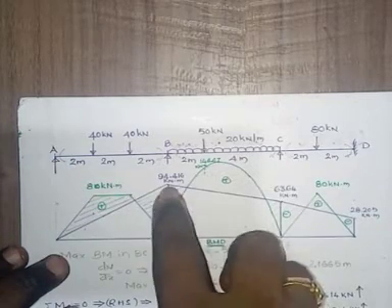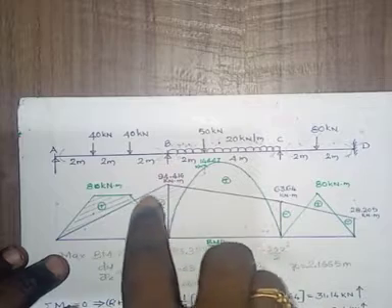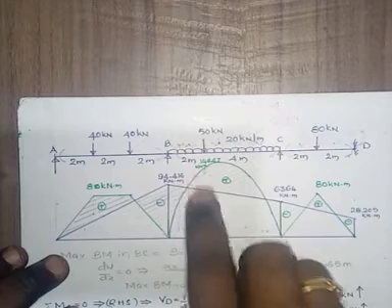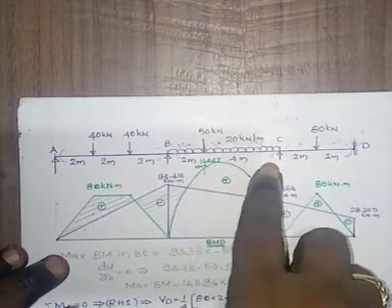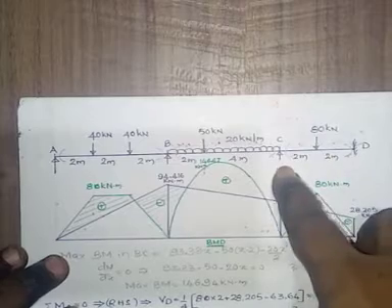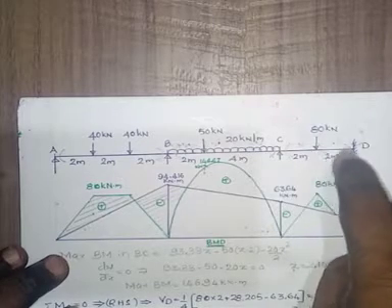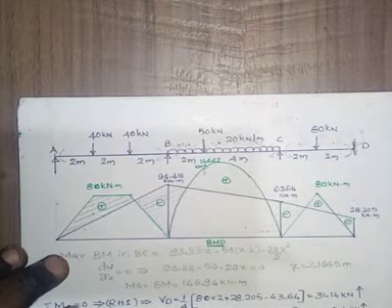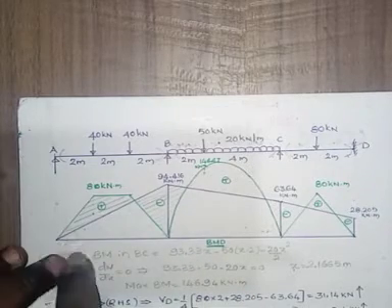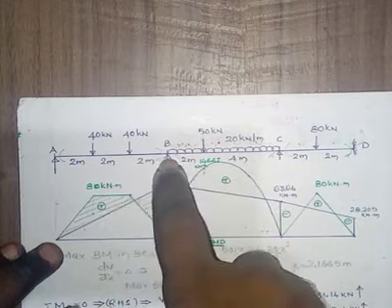Here the moment is 94.416. This one is clockwise, this one is anti-clockwise. Similarly, MCB is clockwise, MCD is anti-clockwise. Then MDC is clockwise.